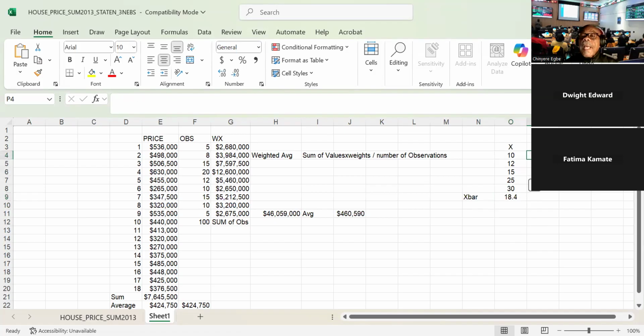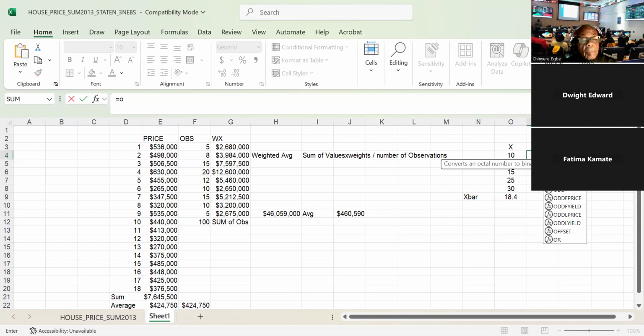But this is X minus X bar. So this becomes equal to, for each value, the value minus the mean.